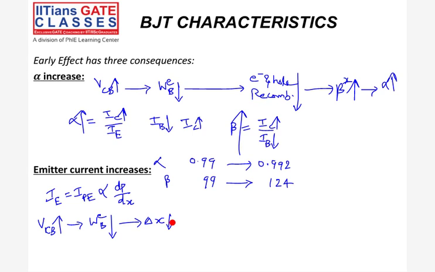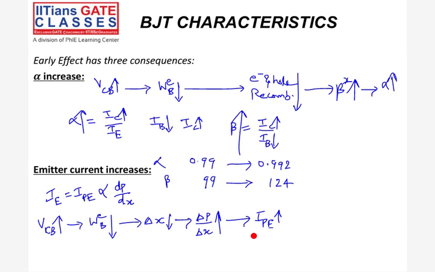So because of that, what will I get? I'll say delta P divided by delta X, or dP divided by dx, will automatically get increased because delta X decreases. The whole concentration is constant, but delta X is affected. Because of this delta X, delta P by delta X increased, and from this I can say IPE also increased.